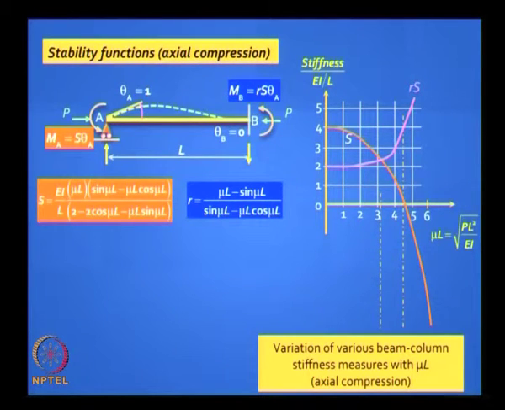So you have those equations for R and S. If you have any given value of mu L, just plug that value into those expressions, you get ready made exact solutions for R and S.